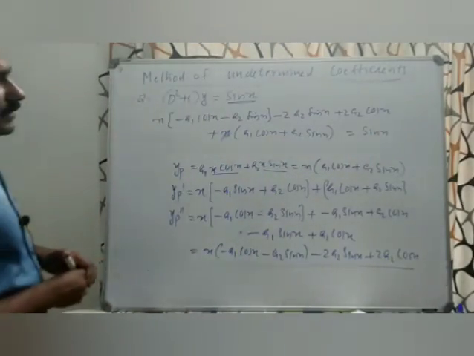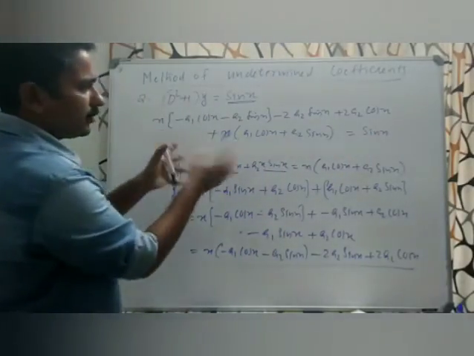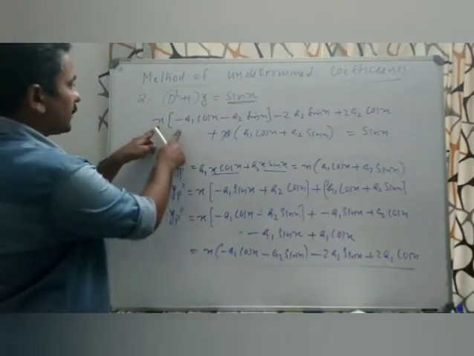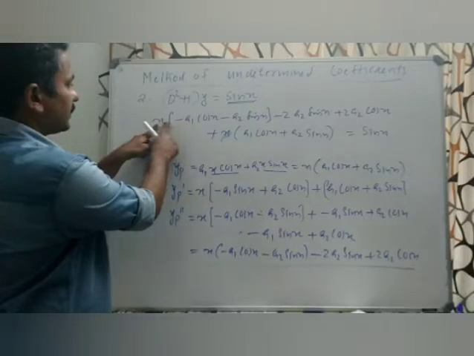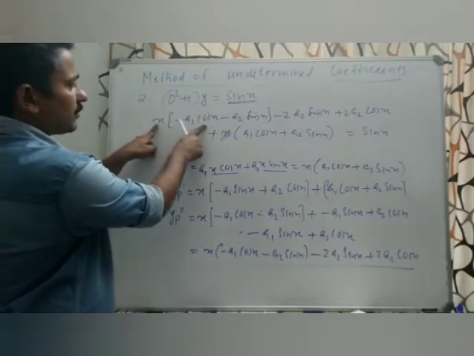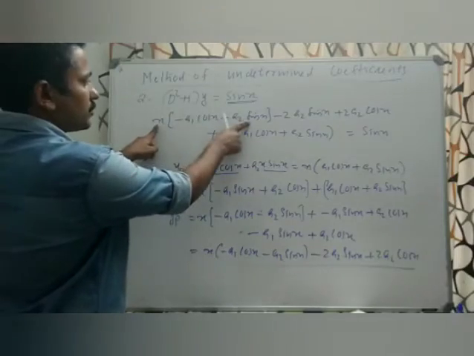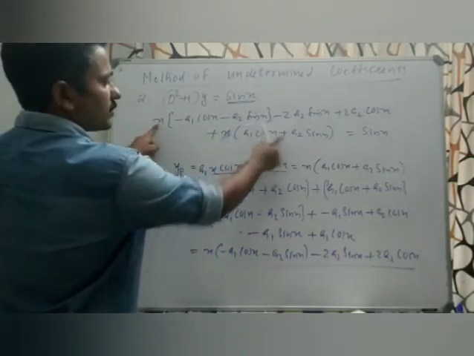Okay, and now the simplification is easy, because here we have minus x a1 cos x, here we have plus a1 x cos x, and minus a2 x sin x plus a2 x sin x.